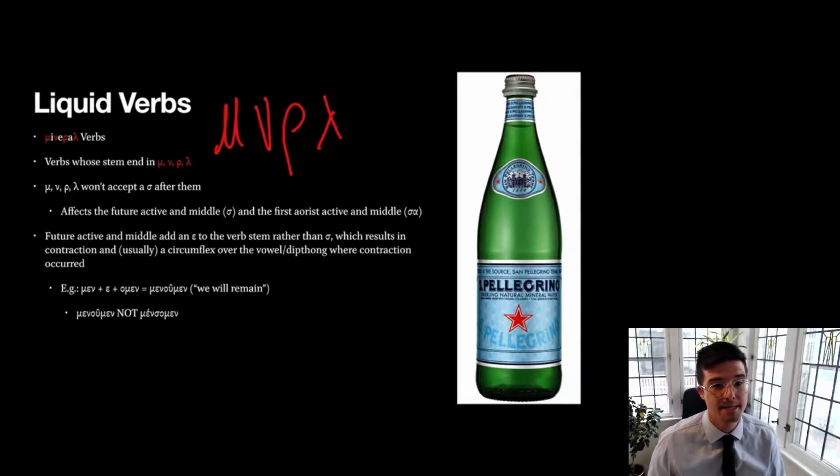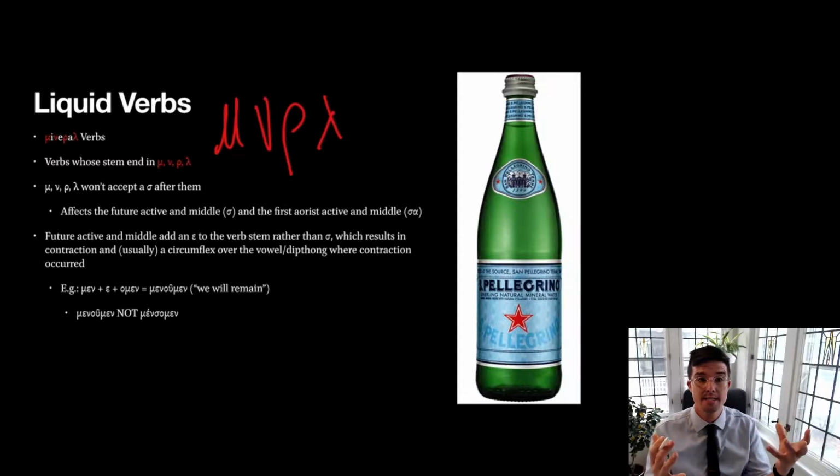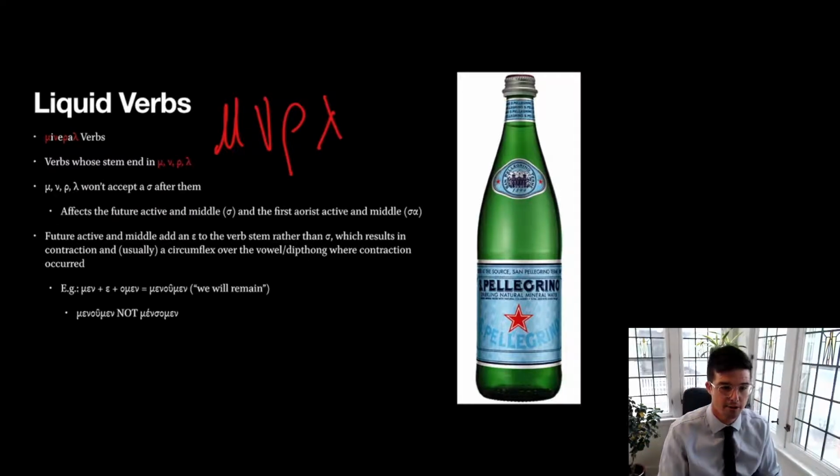And so what happens is that because these mineral letters, mu, nu, rho, and lambda, won't allow a sigma to come up against them, for their future and their first aorist they use something different altogether. So the future active and middle are going to add an epsilon to the verb stem rather than a sigma. You can think of the sigma being replaced by an epsilon for mineral verbs in the future tense.